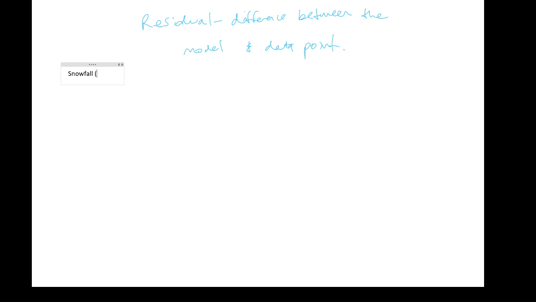Snowfall is going to be in inches, which is going to be X, and then we're going to have gloves sold, which is going to be Y. What we have here is an equation, and our equation is that Y is equal to 1.5x plus 3.5.